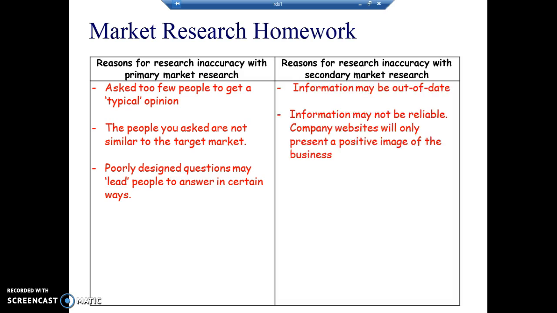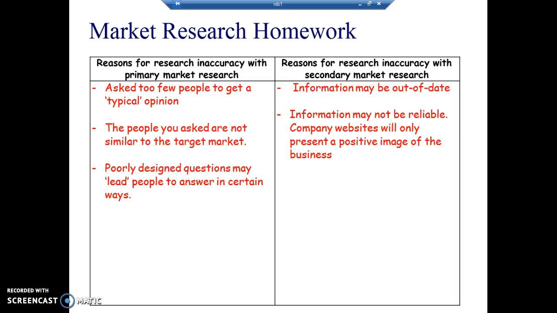Problems for research inaccuracy with secondary market research: the information, as I said before, may be out of date and the information may not be reliable. If you're looking at company websites for data and it might be a report that they've published, sometimes on L'Oreal adverts they say 95% of customers agree that it makes the skin look more youthful.